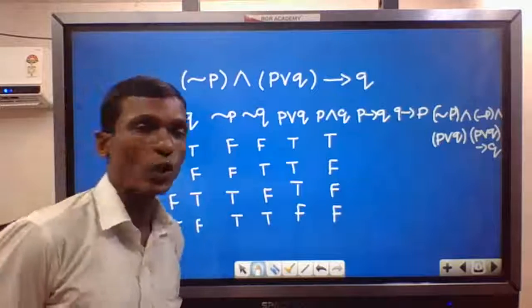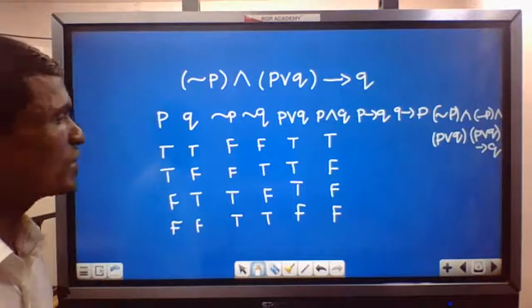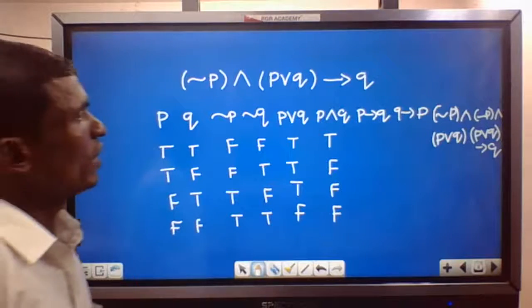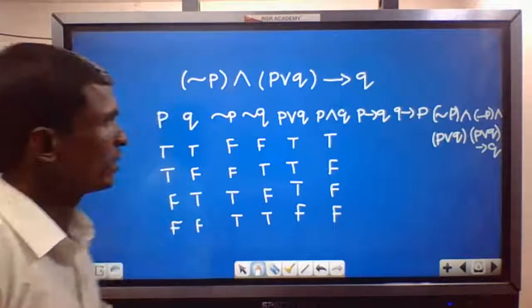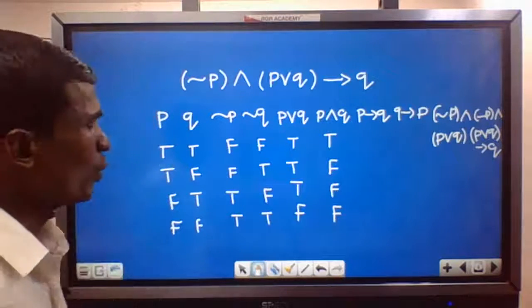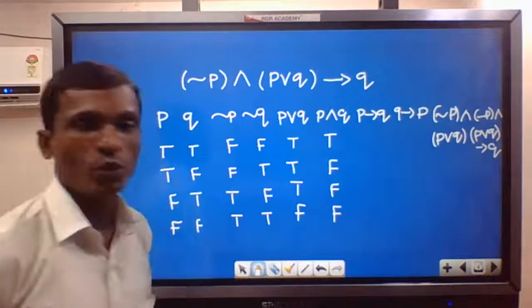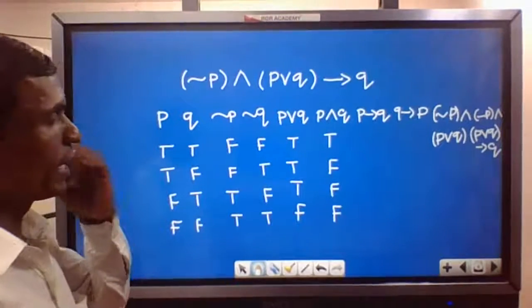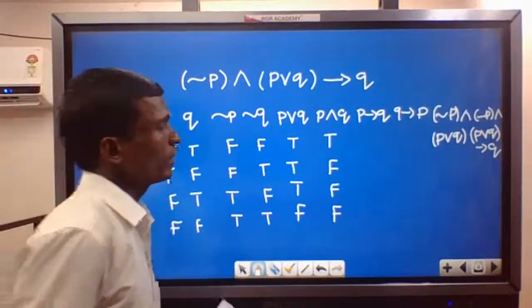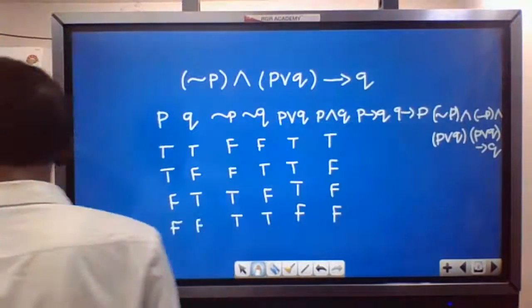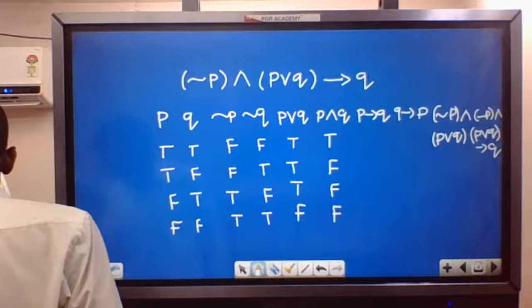The negation of Q is false, true, false, true. Next, P or Q, then the AND operation: true, false, false, false.